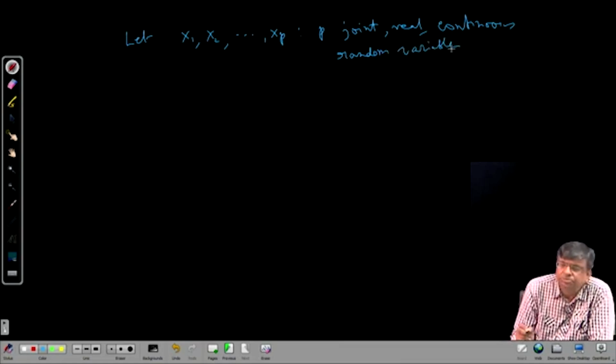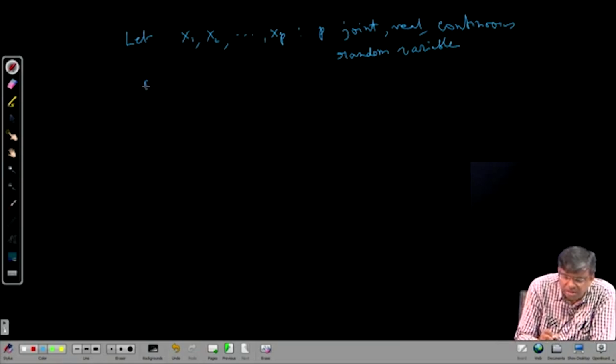That is, in every experiment you are observing these separately. One could be temperature, one could be humidity, one could be other things, all together. There may be some relation between them, may not be. They are observing, all right. So, they have a joint density and all those things.